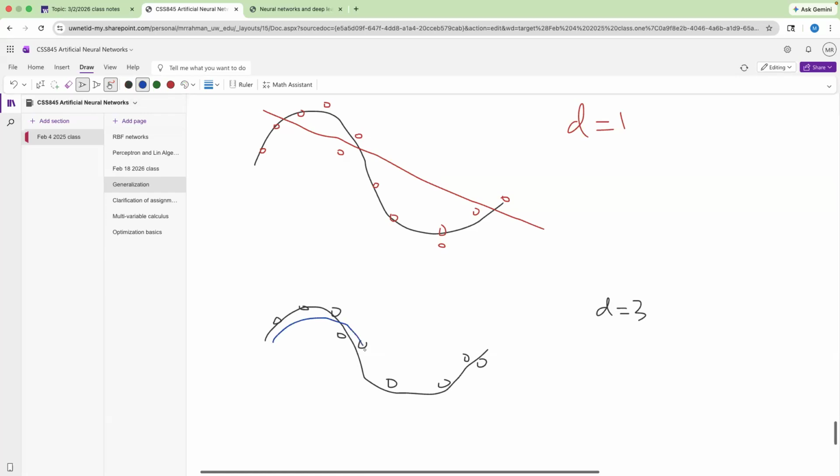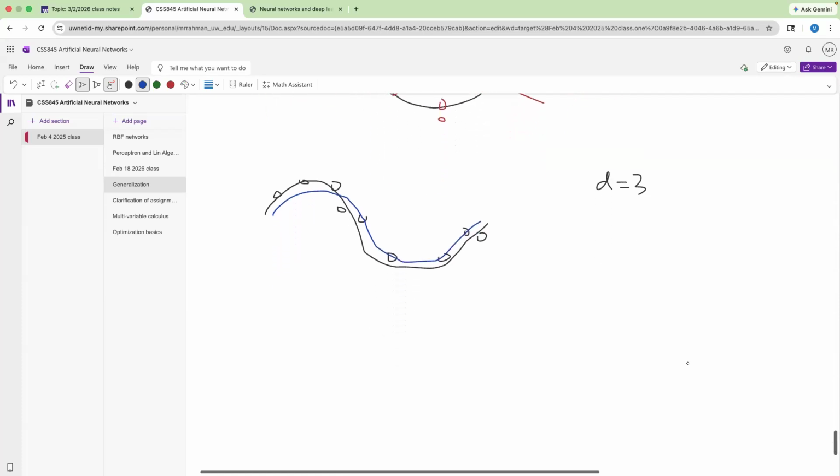It might be fitting much better. And this is actually a good fit, almost right? There is no overfitting or underfitting, because we know that d equal to 3 is the right dimension. Okay. But now let's say I have the same data, right?